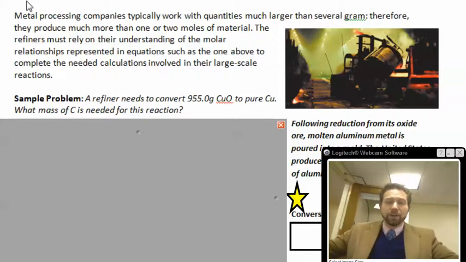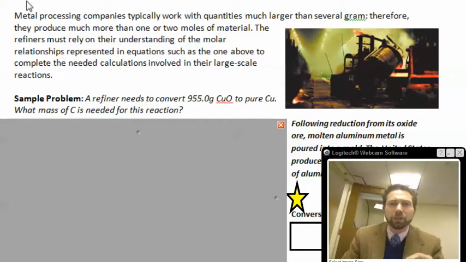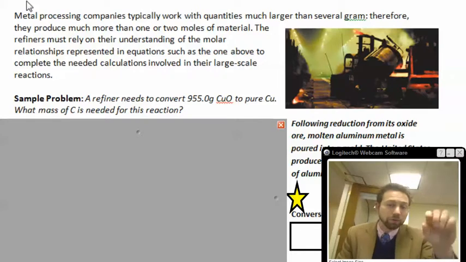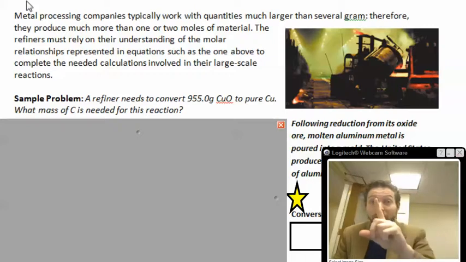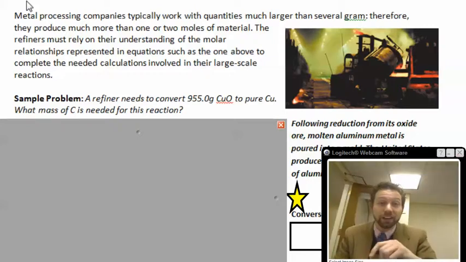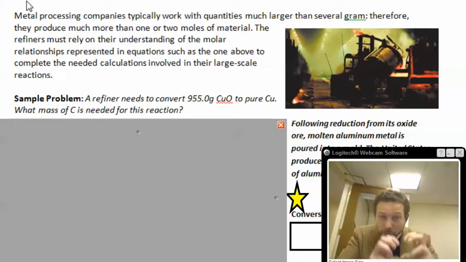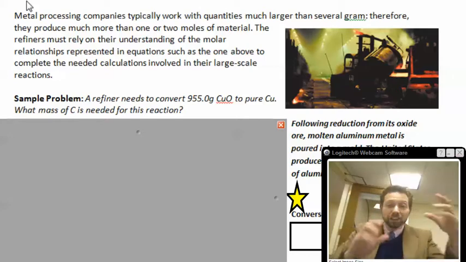So we need to understand the relationship between the particular parts of the equation. For example, 2 moles of copper oxide plus 1 mole of carbon. Those relationships, 2 and 1, will be magnified into large scale.